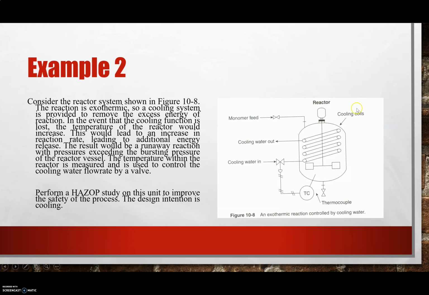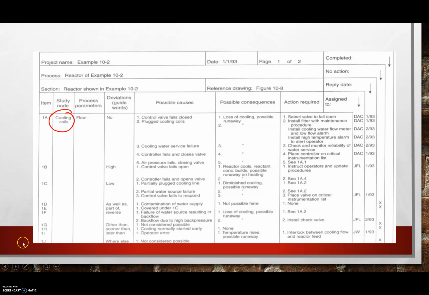You have cooling coils, cooling water in, cooling water out, and also the thermocouple. For cooling coils, you choose one process parameter first. Choose flow. Then you have a few deviation guide words: no, high, low, and all of the combinations. So try to combine this deviation word and the process parameters.